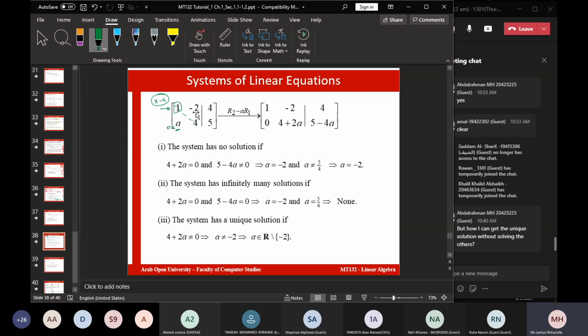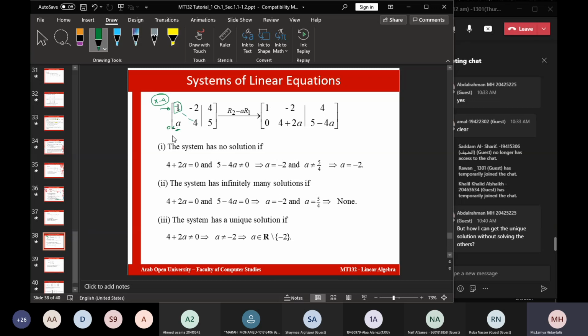Then minus 2 times minus A, plus 2A, so it will be 4 plus 2A, which is this one. Now 4 times minus A is minus 4A, so 5 minus 4A, which is this one here. Now it is upper triangular.